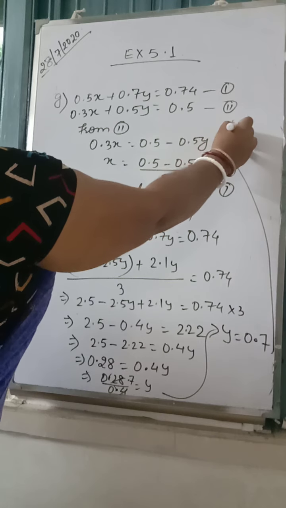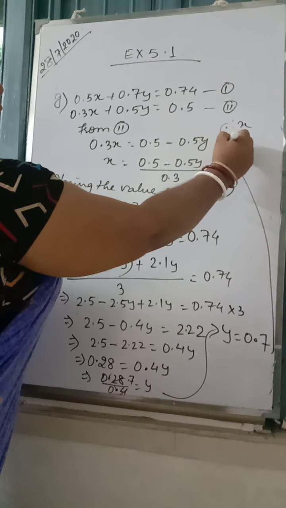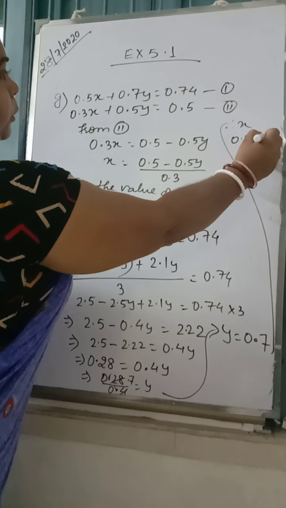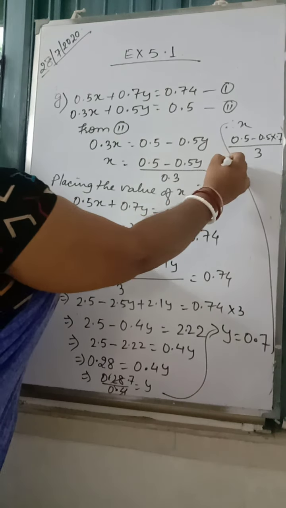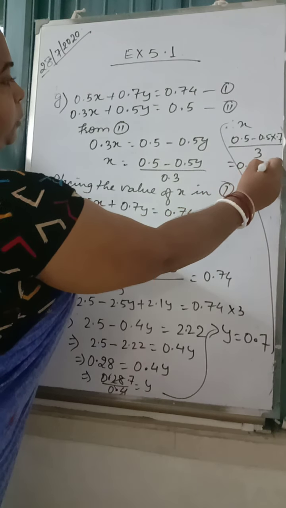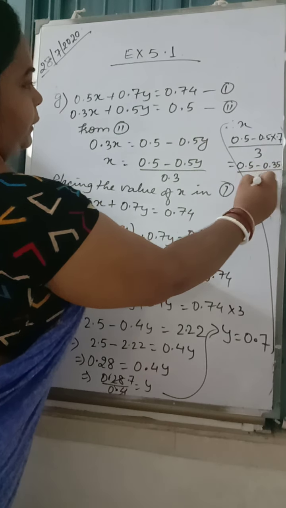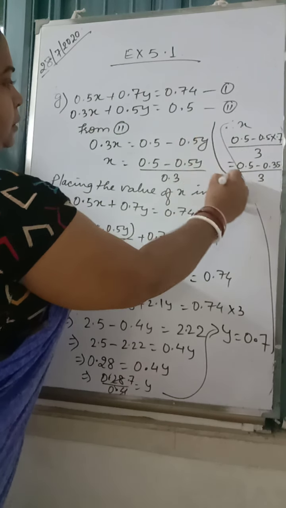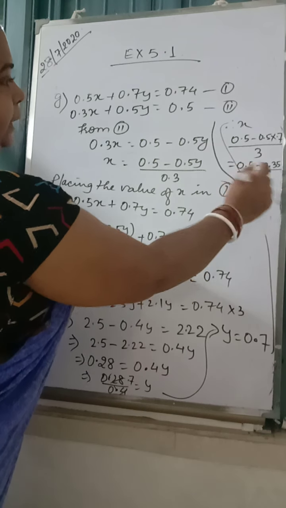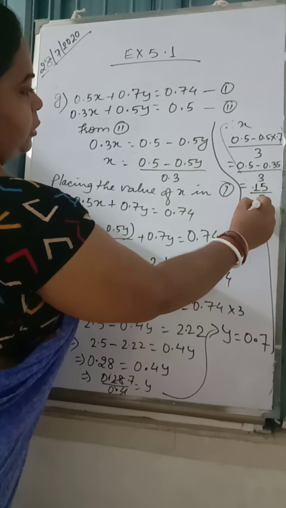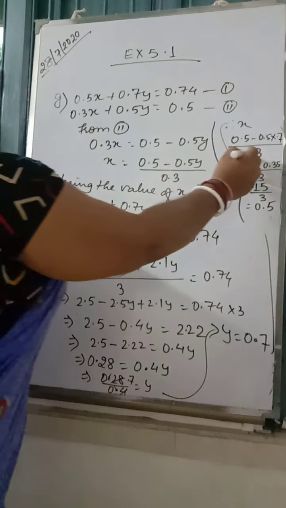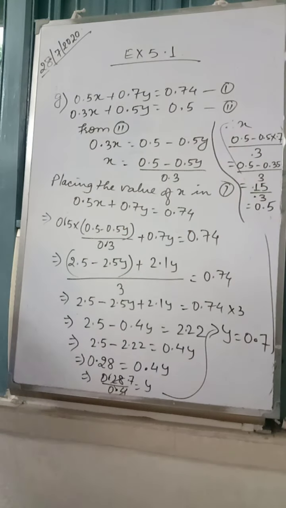To get the value of x: 0.5 minus 0.5 into 0.7 by 3, or 0.5 minus 0.35 by 3, or 10 minus 5 5, 4 minus 3 1, point 15 by 3, or 0.5 for 0.3. So the answer will be 0.5. So x is equal to 0.5, y is equal to 0.7.